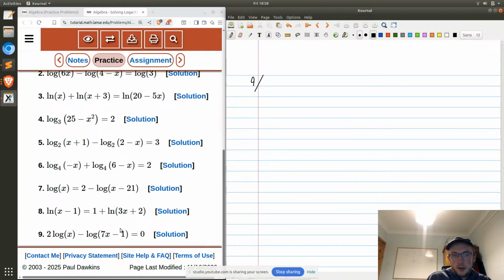Difference of logarithms, but hold on just a minute now. There's a 2 right here. You have to contend with that 2 before you do anything. If there's a 2 in front, that comes up and it forms a power. Because don't forget, 2 log x is exactly the same as log x plus log x, which is exactly the same as log of x times x, which is the same as log x squared.